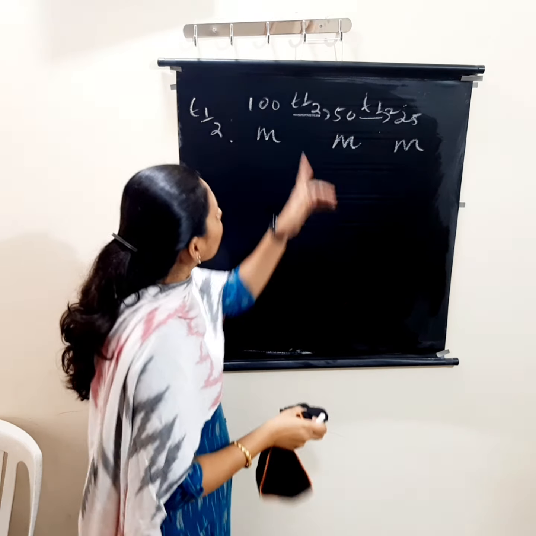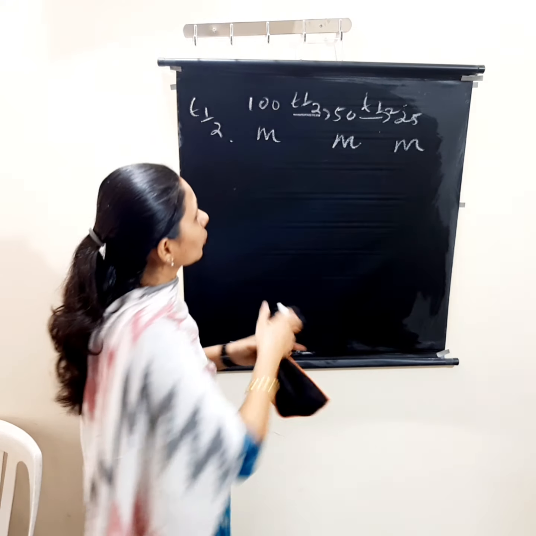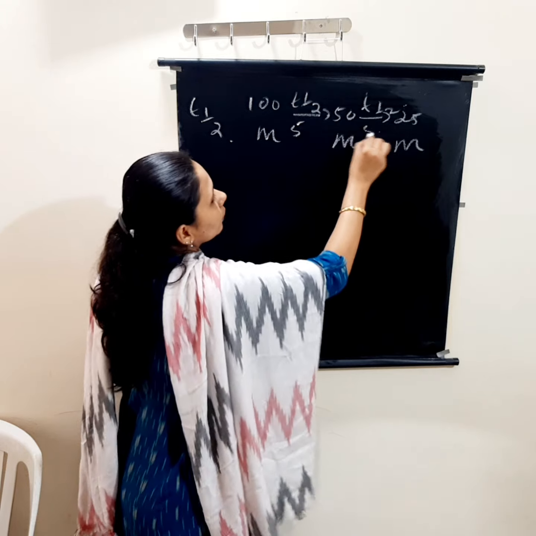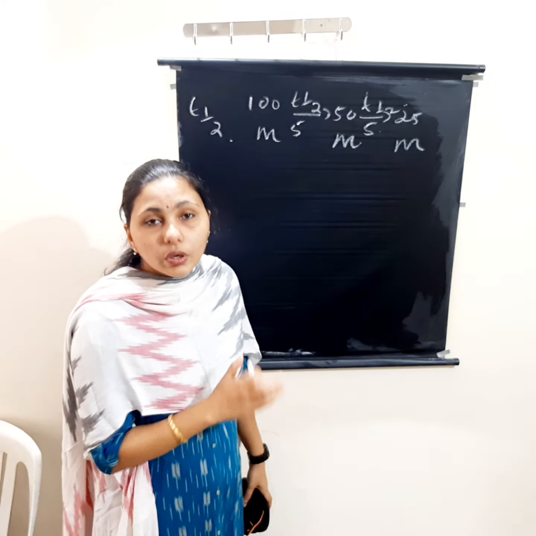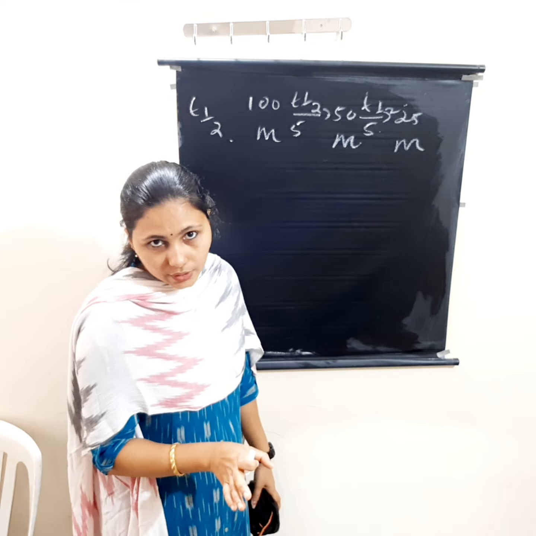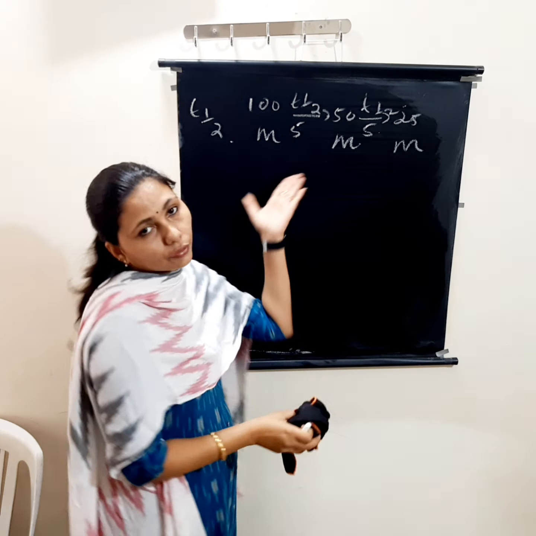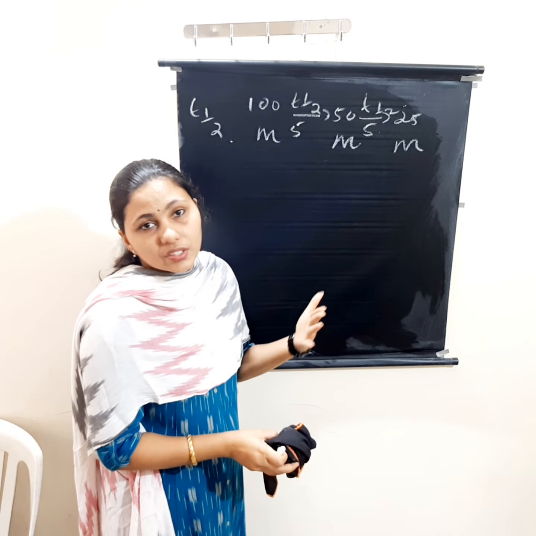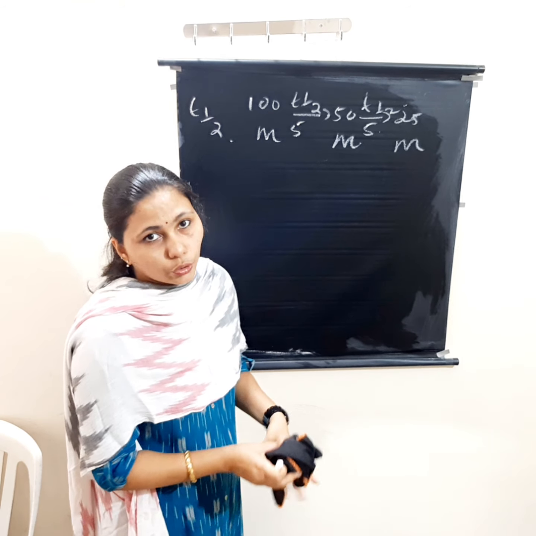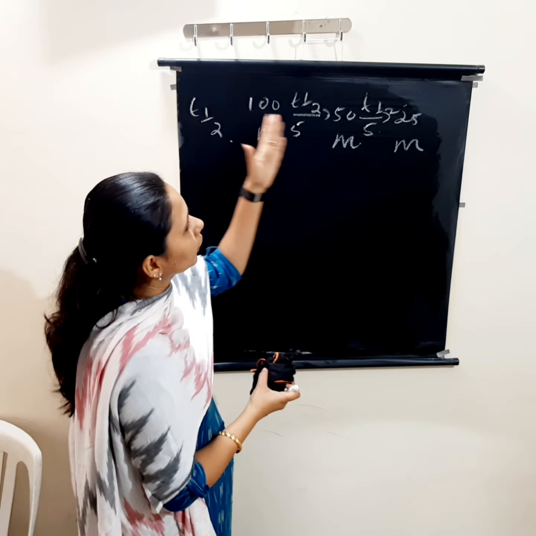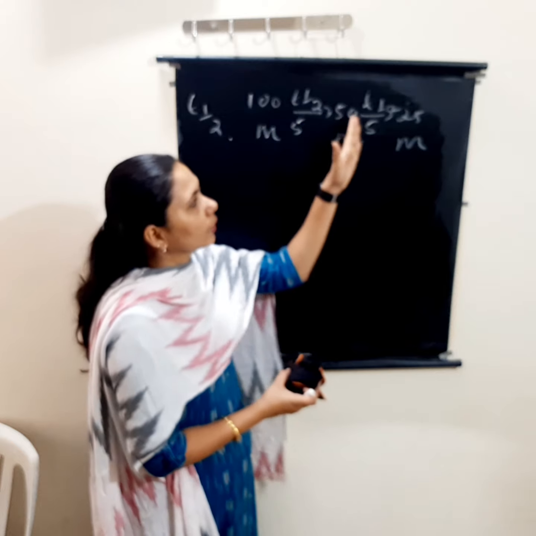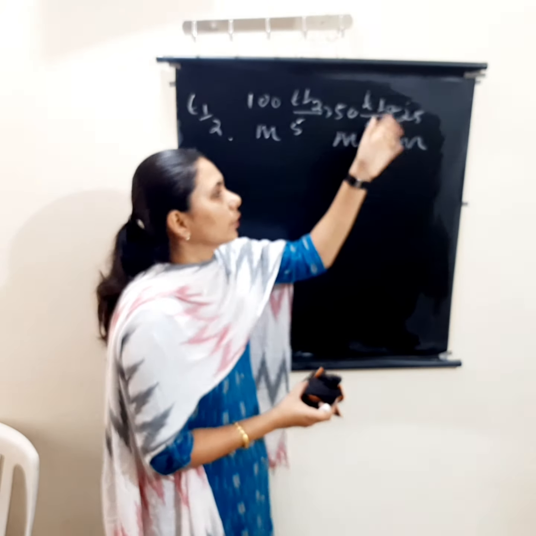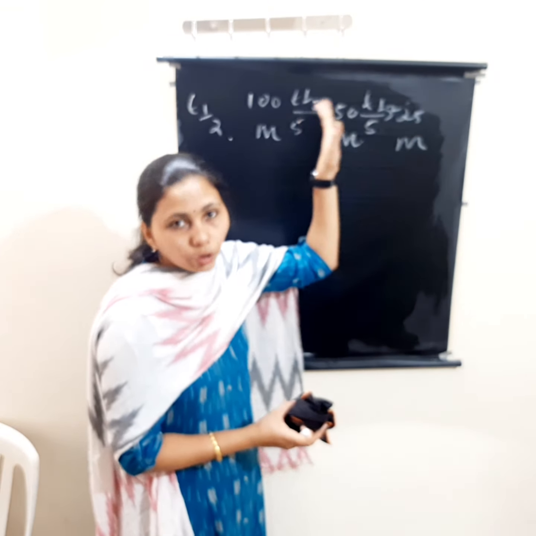Suppose this t half is 5 minutes, this one will also be 5 minutes. It is not depending on the initial concentration. So the t half for a definite fraction is constant for a first order reaction. The time from 100 to 50 is the same as for 50 to 25, and then 25 to 12.5. It will be a constant.